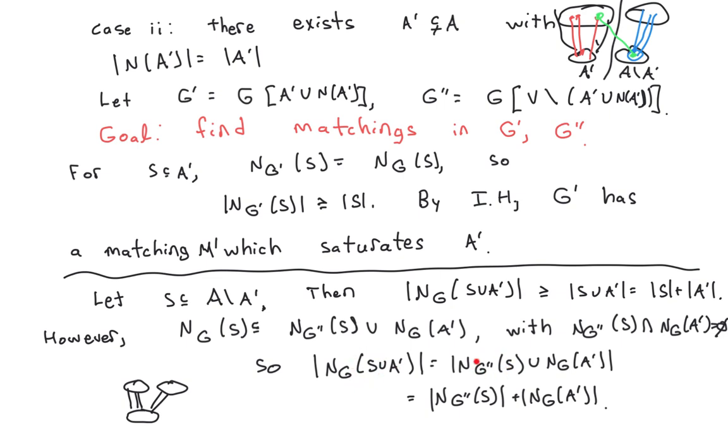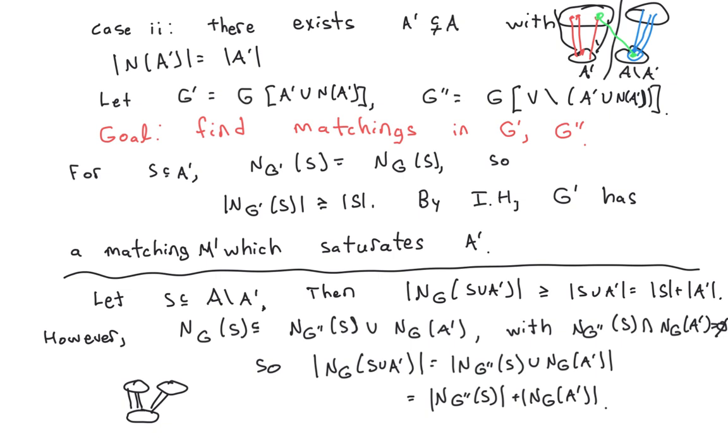It's the neighborhood of S in G double prime, the blue edges, union the things that end up over here. Anything that ends up over here, because this is the neighborhood of A prime, has to be incident to an edge from A prime. So it's just the neighborhood of A prime in G.